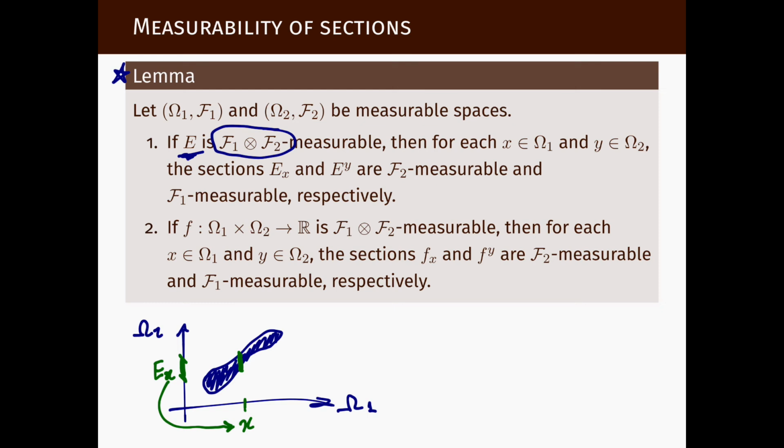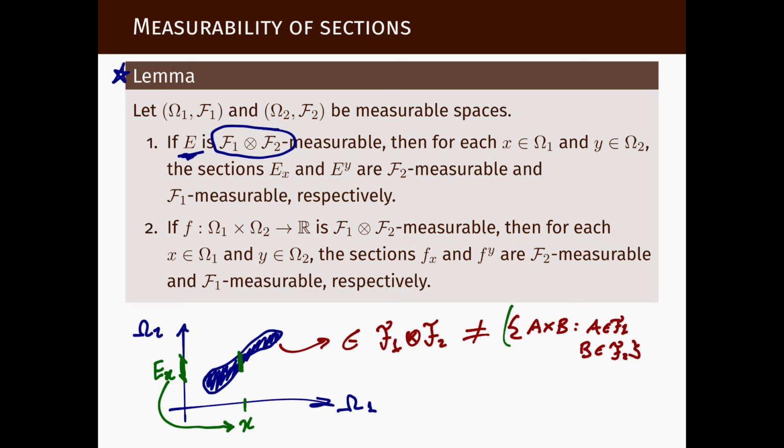So the lemma is saying if this belongs to the product sigma algebra, F1 cross F2, which, as we have already discussed, is different from the set of rectangles. It's much larger, in fact, because it will be the sigma algebra generated by this family.